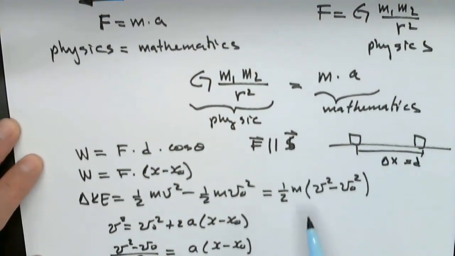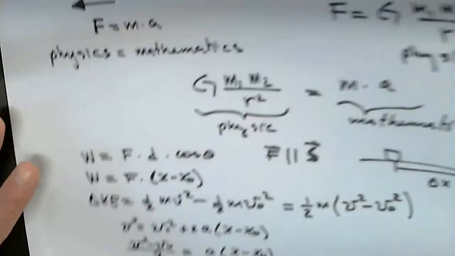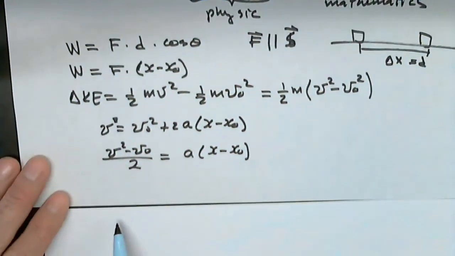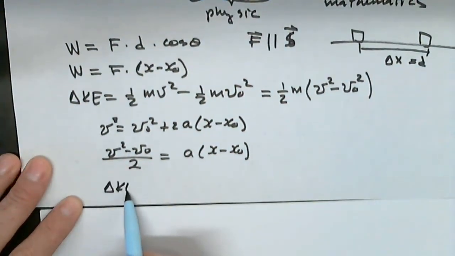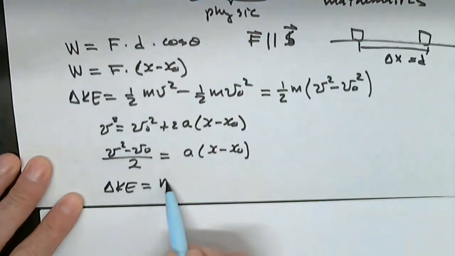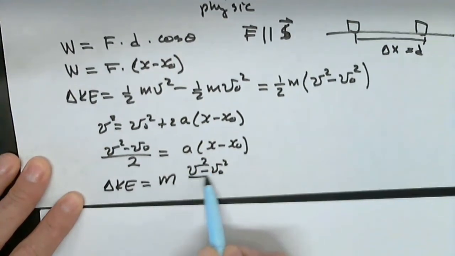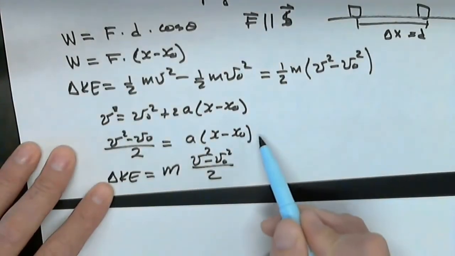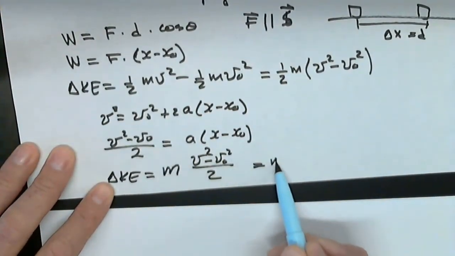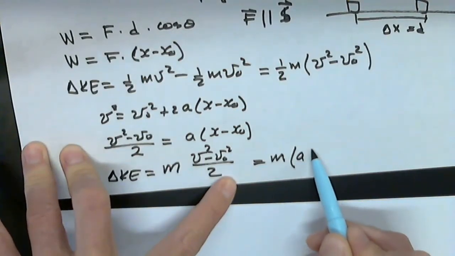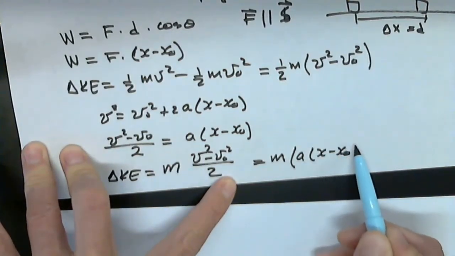So I can put this over here. So I have that change in kinetic energy is mass times the difference of the squares over 2. And that is a times x minus x naught.